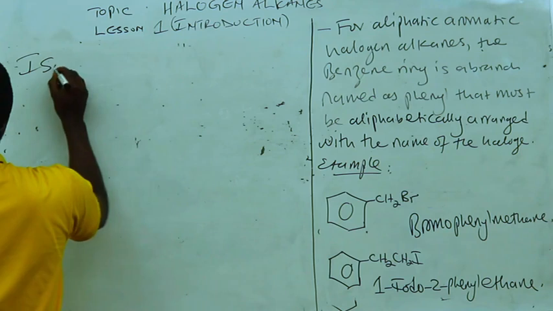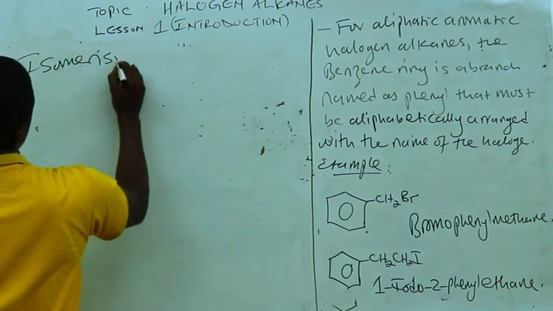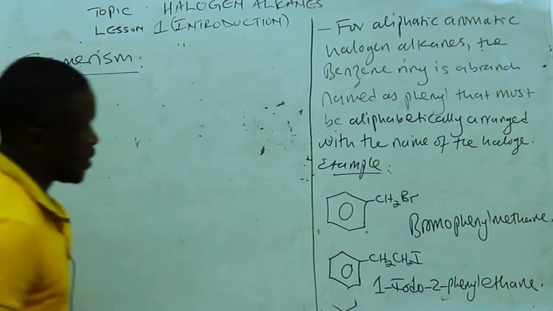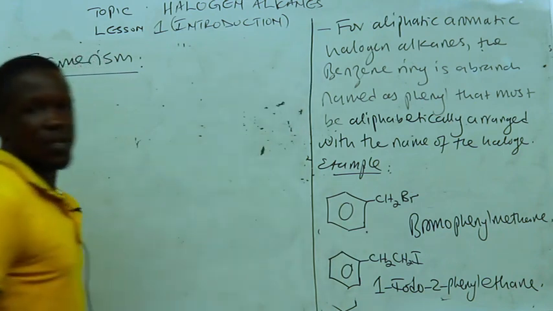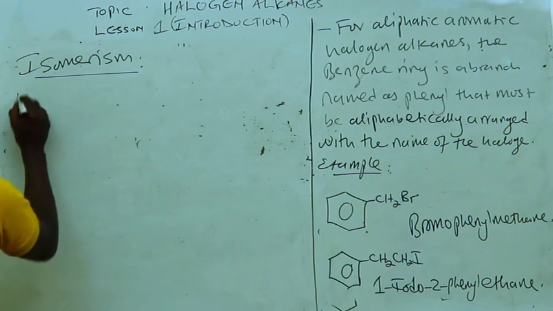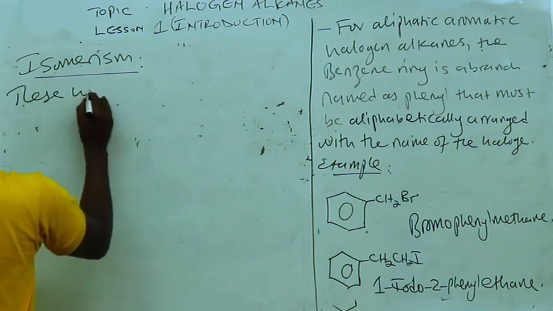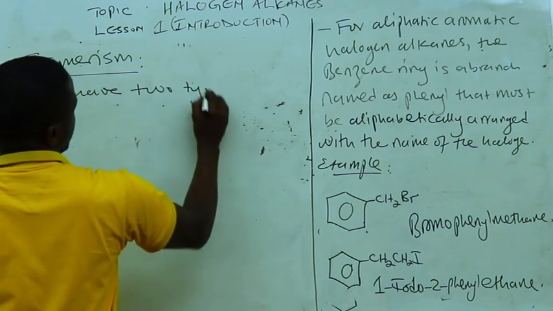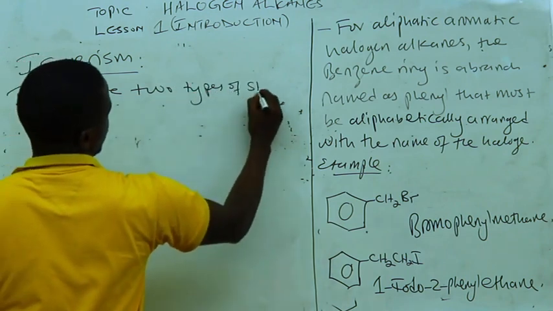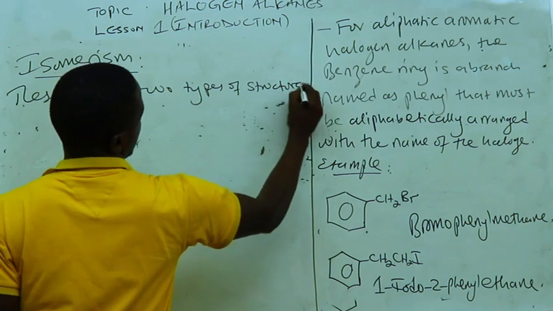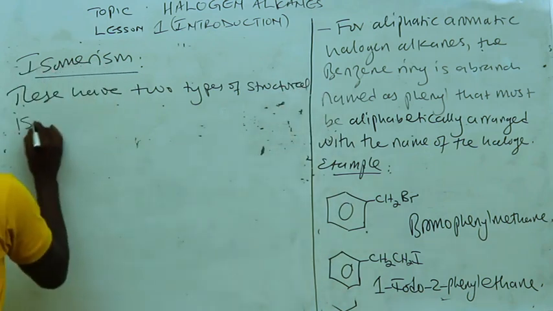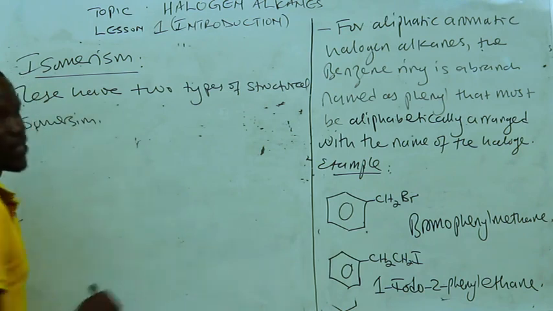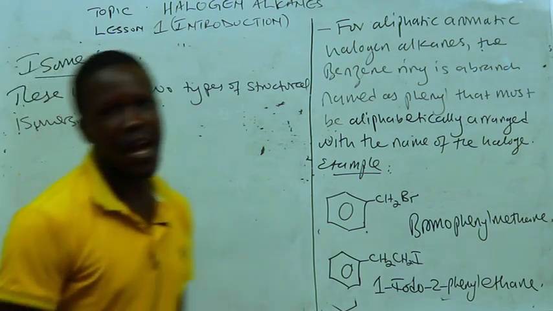Halogen alkanes exhibit only two types of structure isomerism.